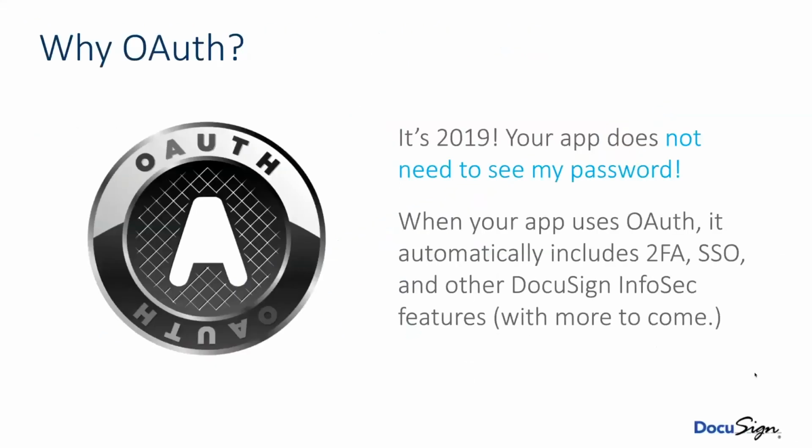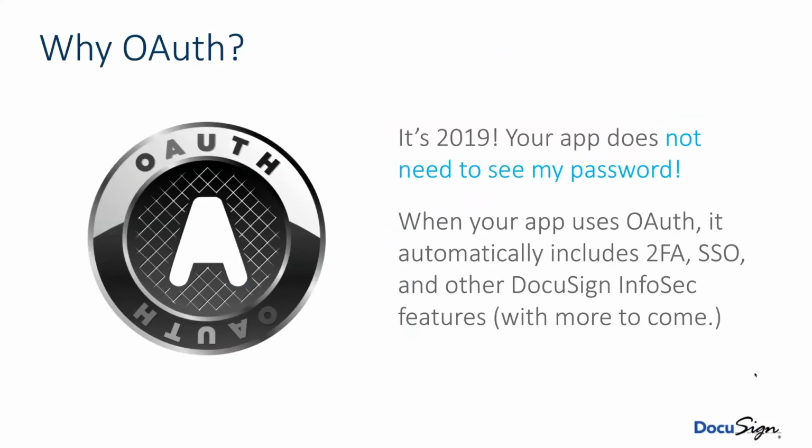So our focus is OAuth, and if you're wondering why OAuth, well, it's 2019, so your web app does not need to see my password anymore. Also, when your application uses OAuth, your application will automatically include many other information security features provided by DocuSign or by other third parties connecting in with DocuSign.